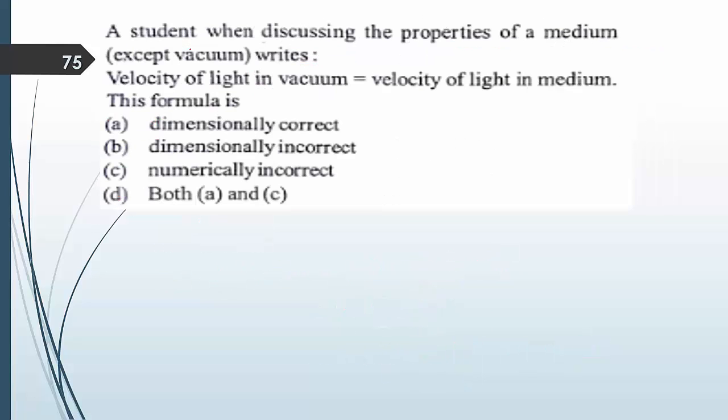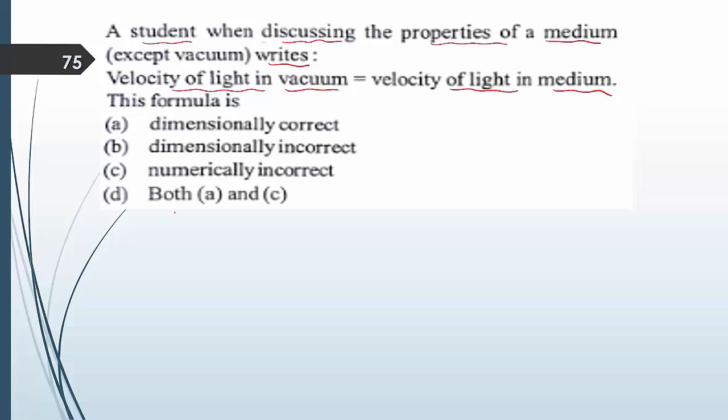Question number 75. A student, when discussing the properties of a medium, leaving vacuum aside, writes: velocity of light in vacuum is equal to velocity of light in medium. This formula is: the options are dimensionally correct, dimensionally incorrect, numerically incorrect, both A and C. See here, a student is going to discuss the properties of a medium.